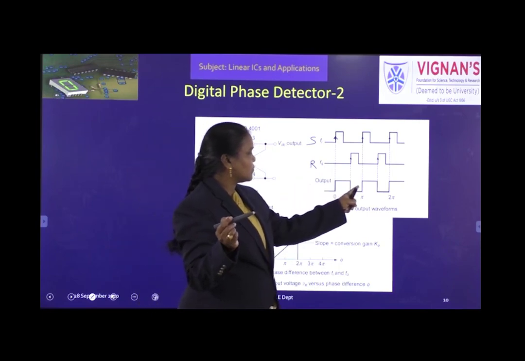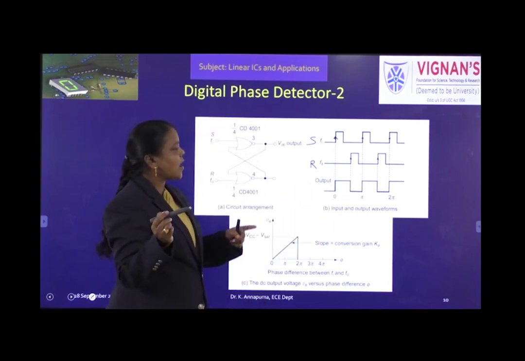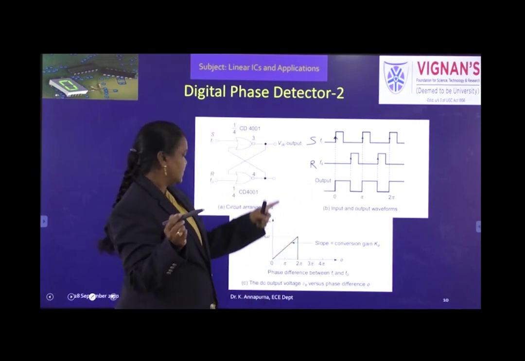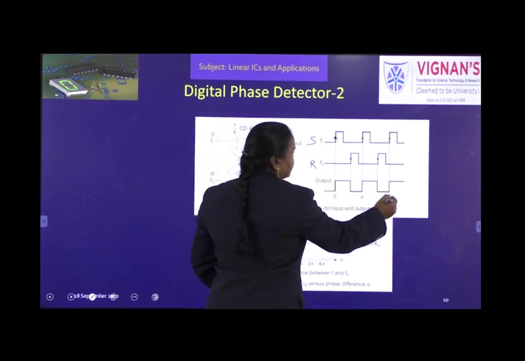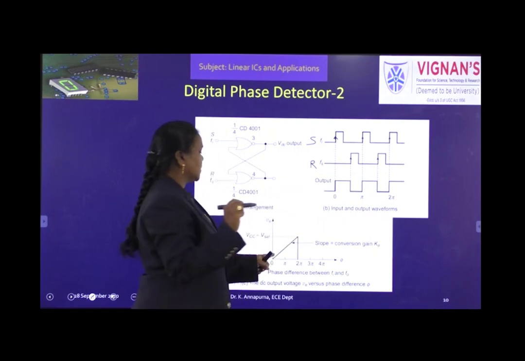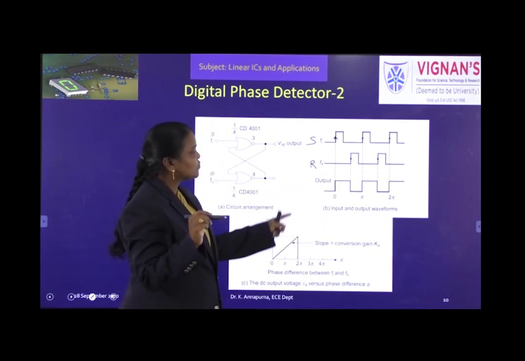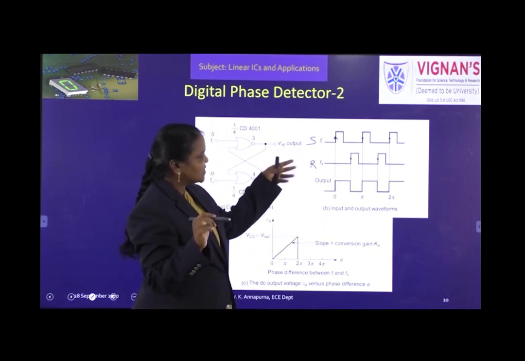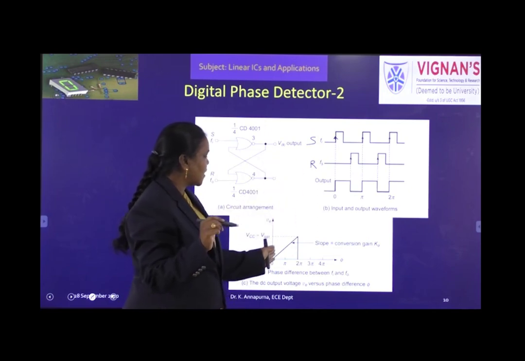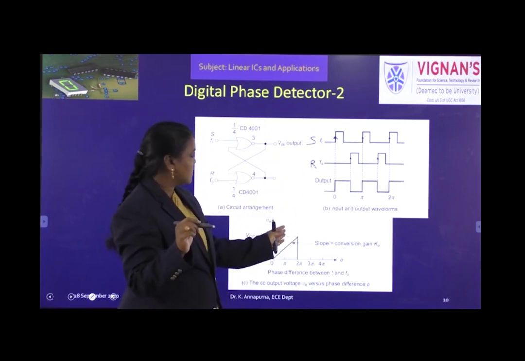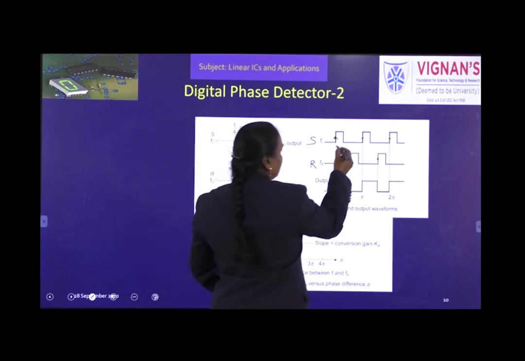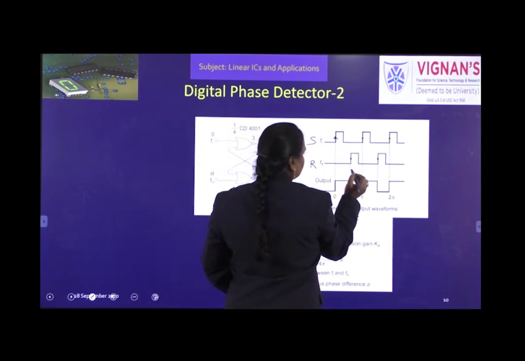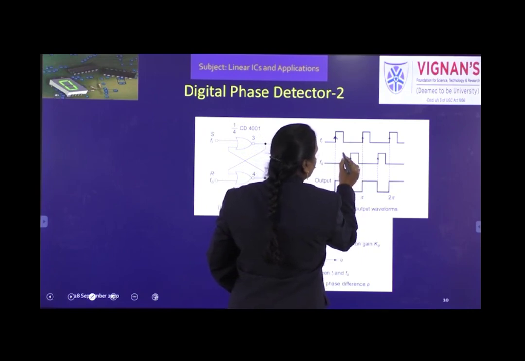So this is your output. And here how output is changing? This total period is 2 pi. Okay. If the phase shift is increasing, its signal, that is the error control voltage, is also increasing. For example, now it is having a phase shift of only this much.